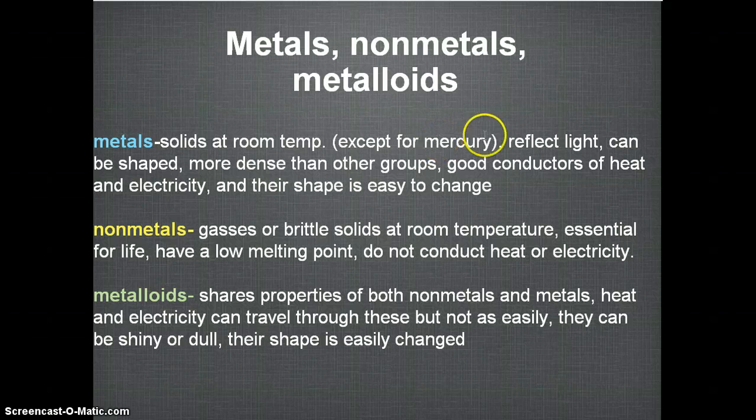Duh. The only one that is not like that is mercury. It's a liquid metal. If you've ever seen it, it's really funky. Metals reflect light. They can be shaped. They are more dense than other groups. They are good conductors of heat and electricity, and their shape is easy to change. We can change metal into any shape we like.